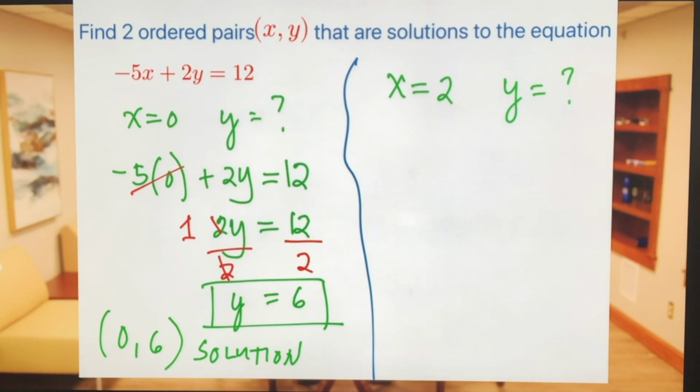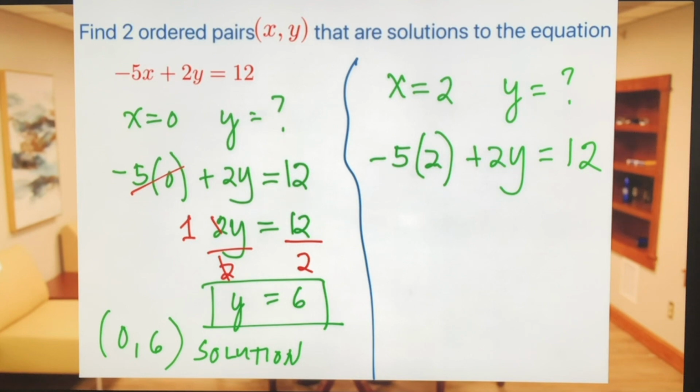Again, let's substitute x equals 2 into the equation, negative 5x, so when x is 2, plus 2y, we're solving again for y here, equals 12. Okay, that's the substitution part when x is equal to 2.